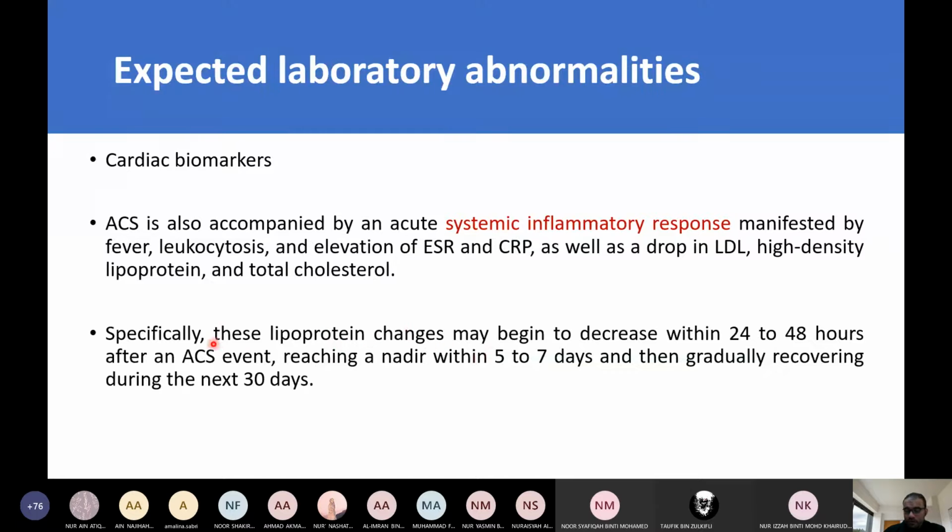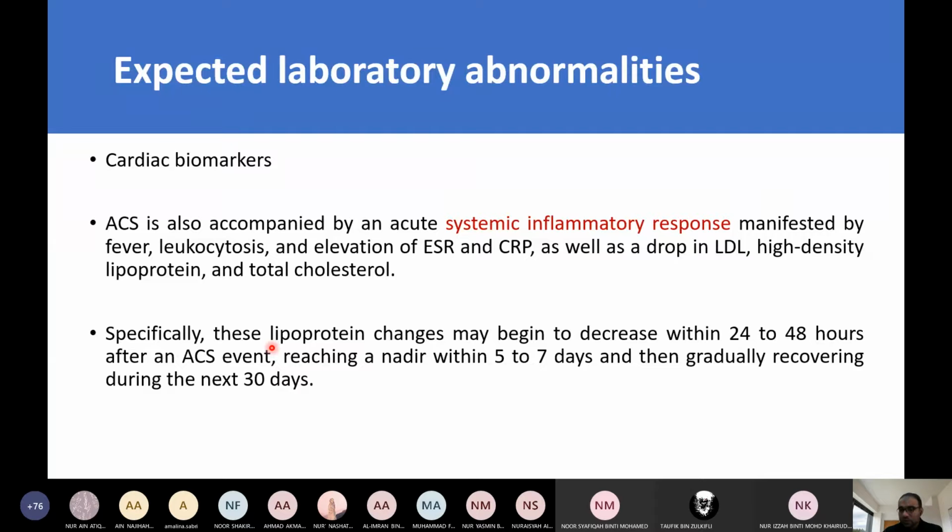Very specific lipoprotein changes will take place, and this happens in a pattern that differs from one biomarker to another in terms of when it rises and when it returns back during the recovery phase.